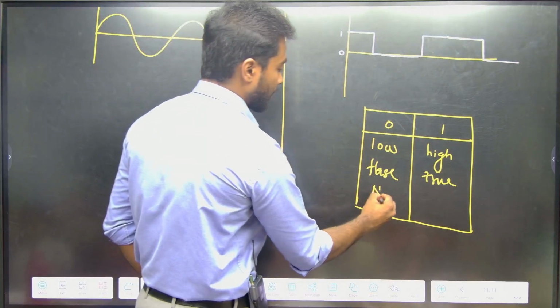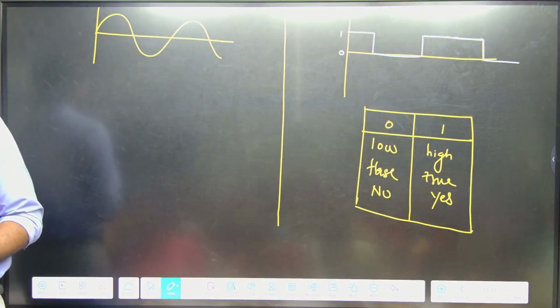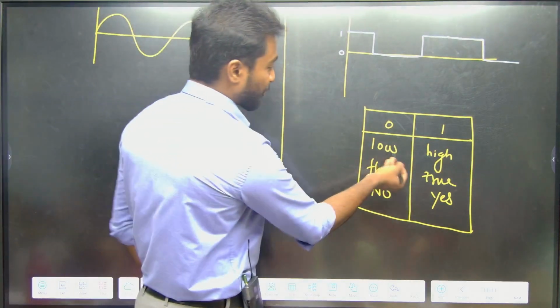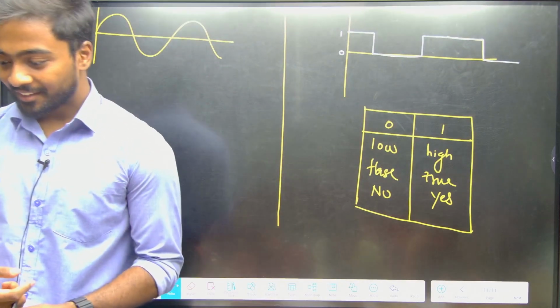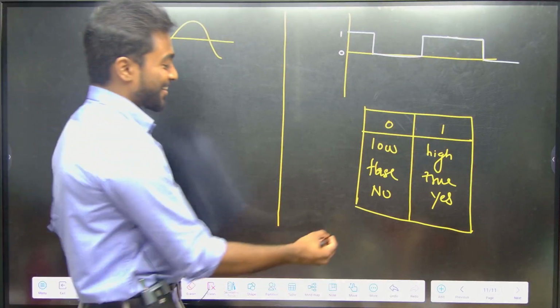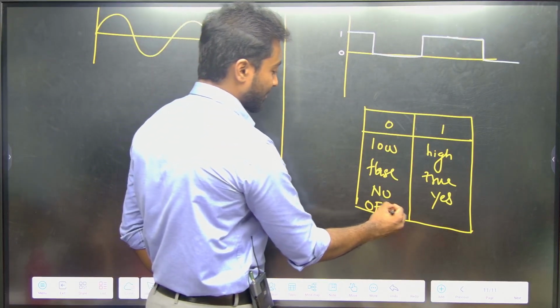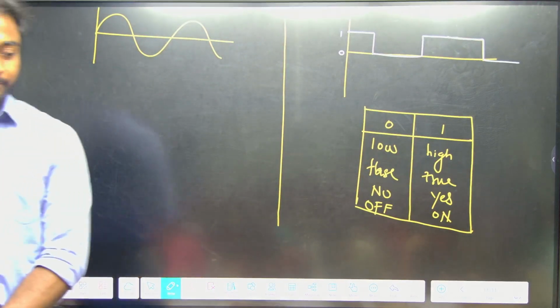This one will be no and this one will be yes. Then low and high, which we have written. Slow speed, and we can say it is off and this is on. Okay, this is enough, I guess. You can take down.